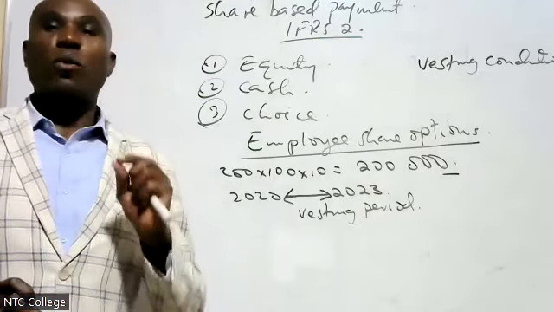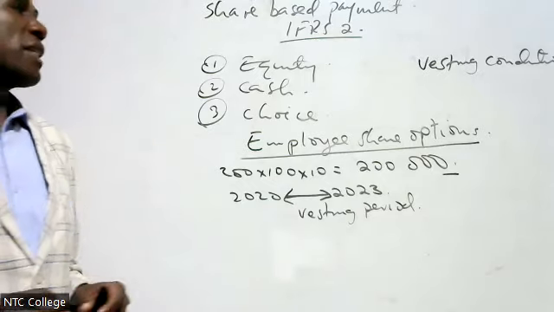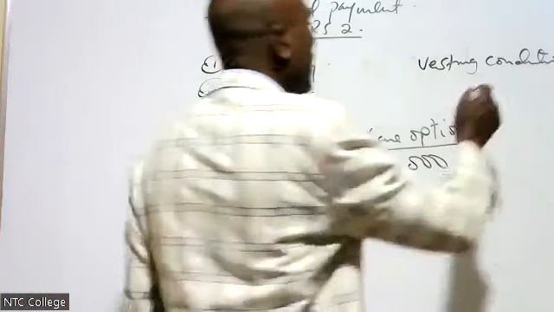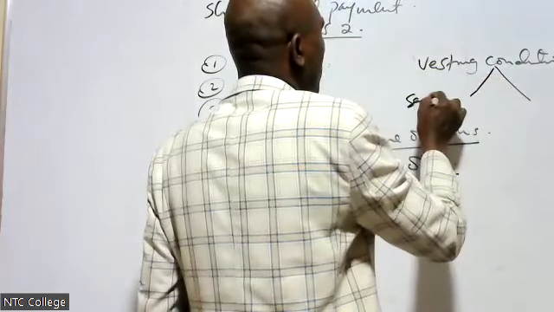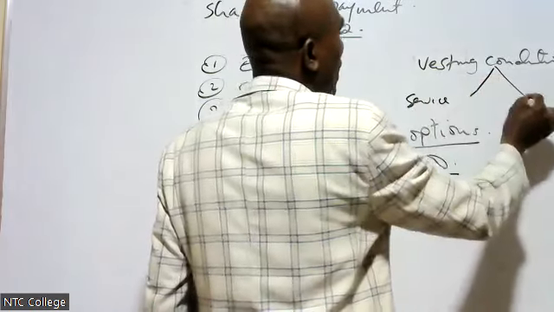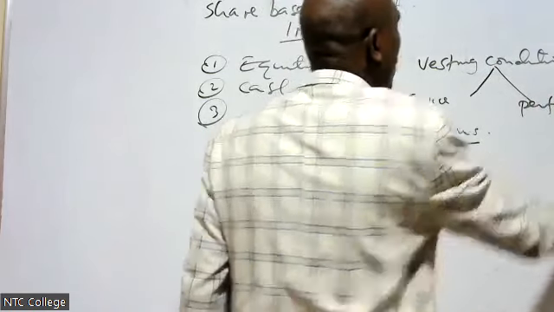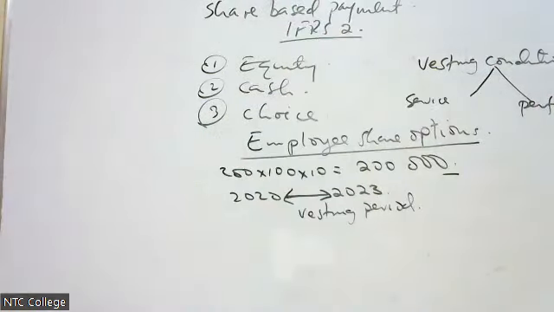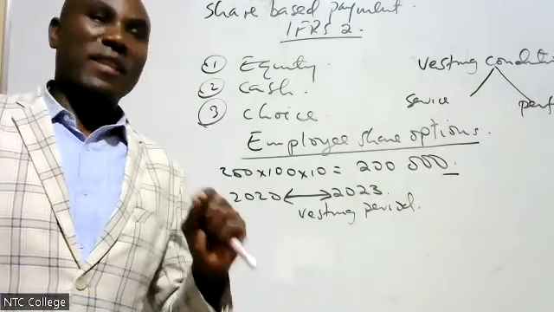The conditions that you must meet before you become entitled to equity instrument. And we said there are two types of vesting condition: we have service condition and performance condition.